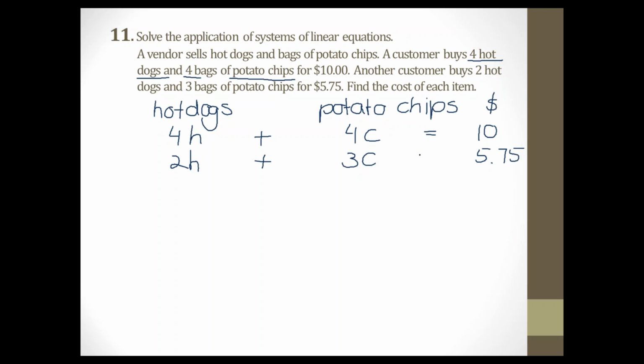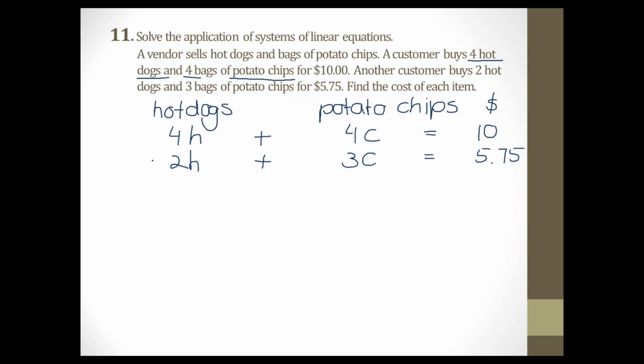So right here are basically my 2 equations, and now I can use either the substitution or the elimination method to solve the system of linear equations. Because these are nicely lined up with the variables, I'm choosing the elimination method.